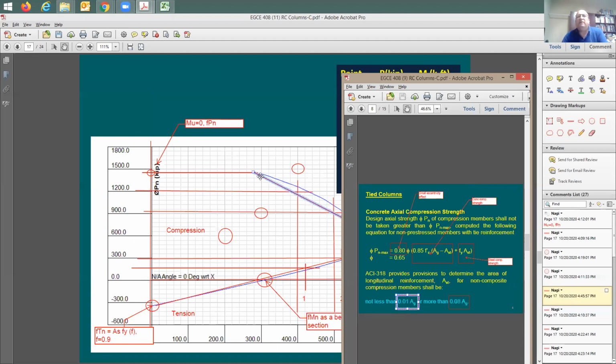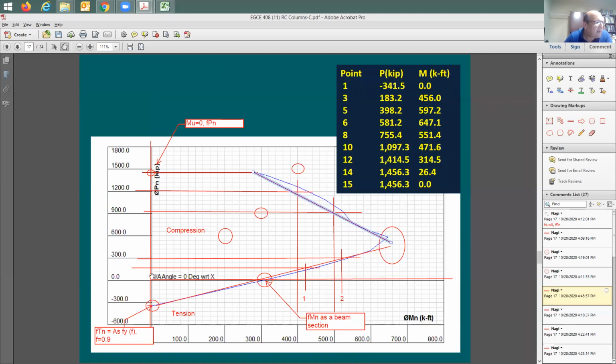Because they say, you know what? There is no column with a moment demand of 0. It doesn't happen. Which means you're not going to see a column here with 0 moment. So this is why we cannot just let you use this value here. We're going to drop it down to this value. And how much is this drop, you think?